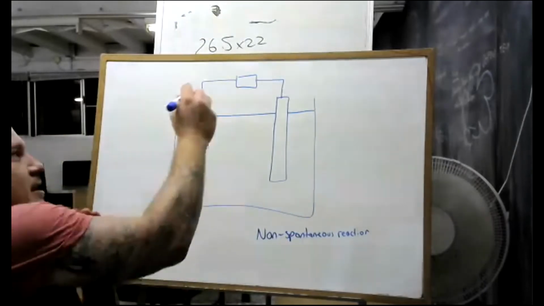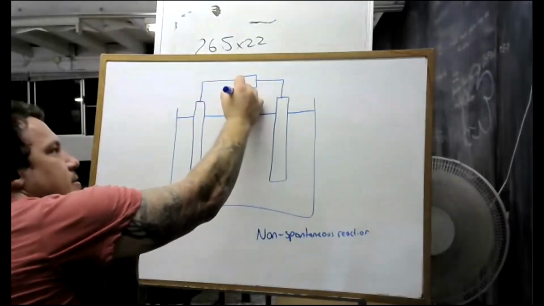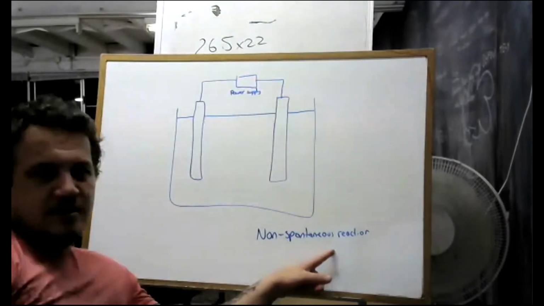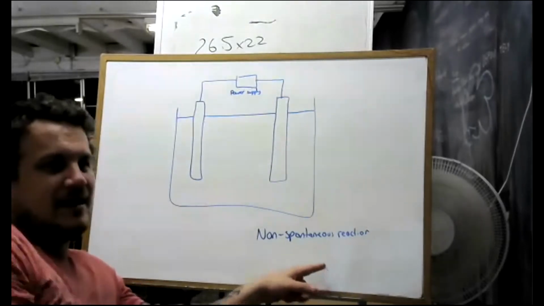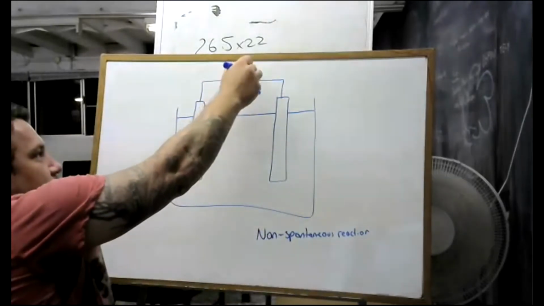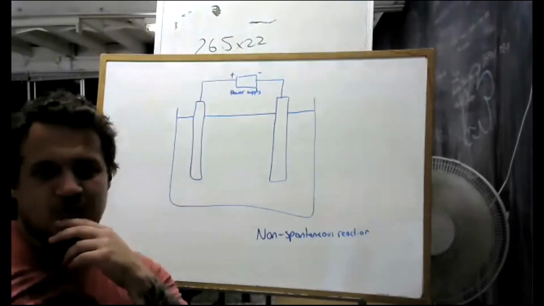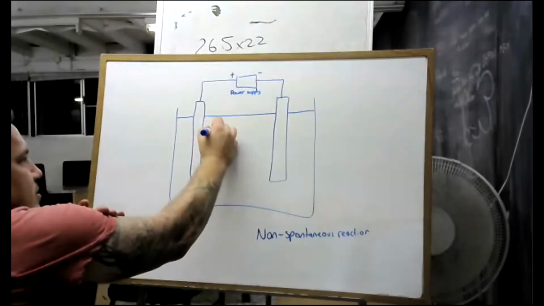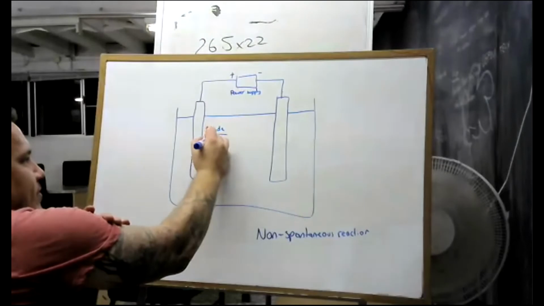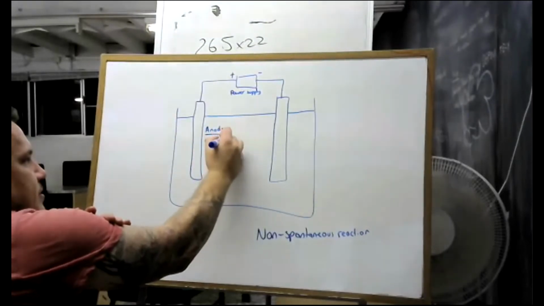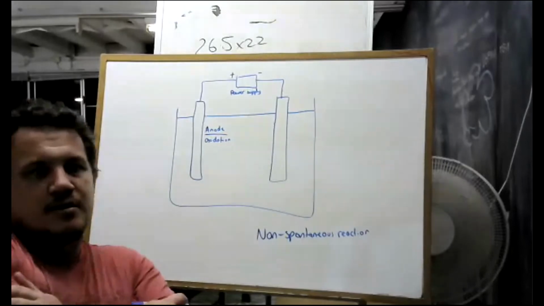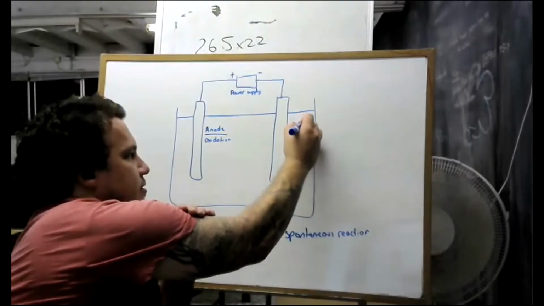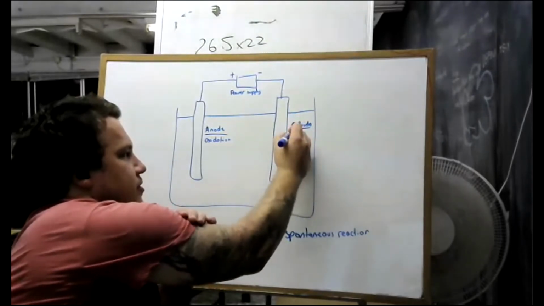So we've got power supply. Because this is a non-spontaneous reaction, we need to supply an electric current to get the oxidation reduction reaction going. So over here we have the anode, where we have oxidation. Over here, we have the cathode, where we have reduction.